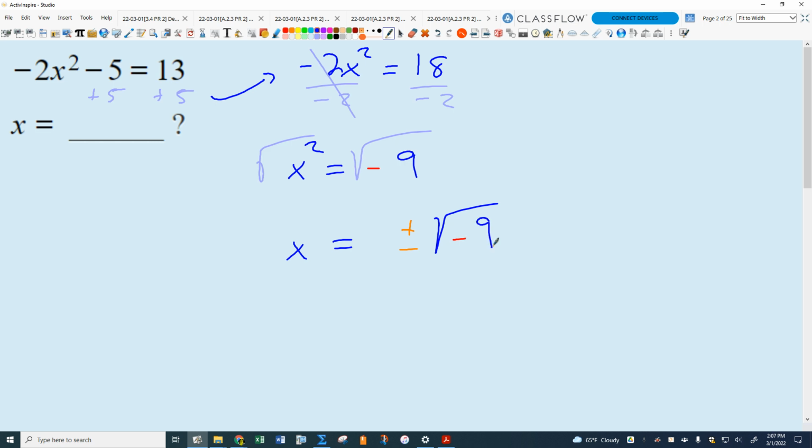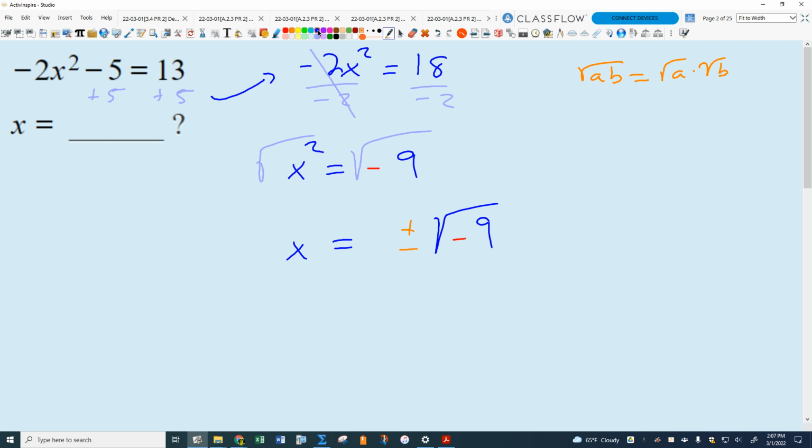What we're going to do here is break this up into a problematic part of that square root and a part that's not. I could break the square root of negative 9 up using the root of a product property. So if we do the square root of a times b, I can split that up into a product of separate square roots.